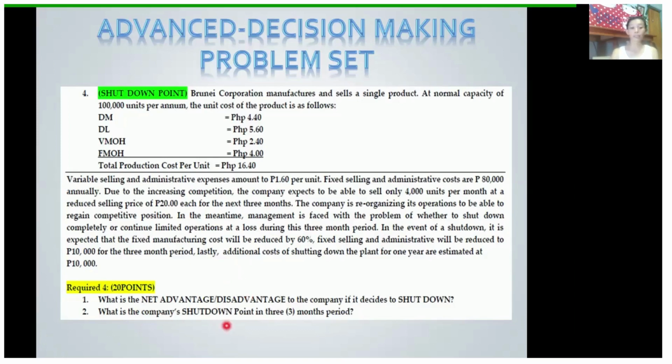And the second requirement is, what is the company's shutdown point in the 3-month period? So given the level of only units nga ma-sales sa market, then what number of units will it be in order to decide na dapat shutdown na siya.